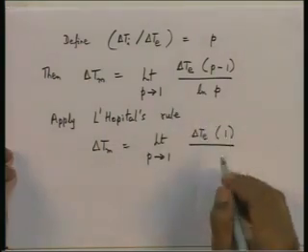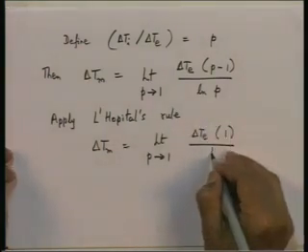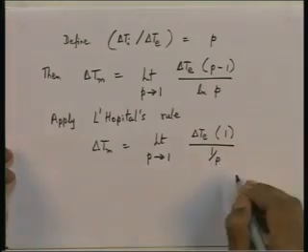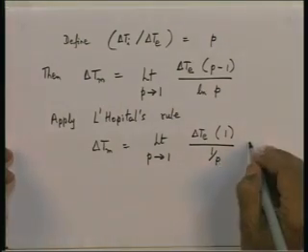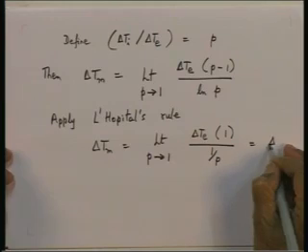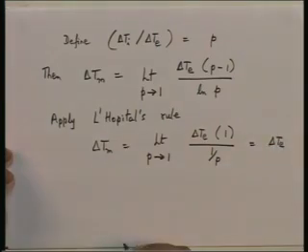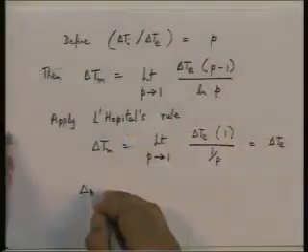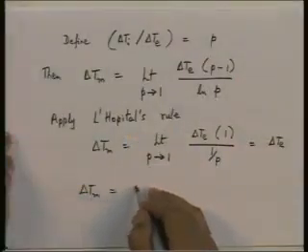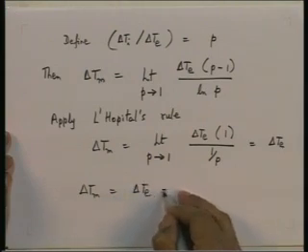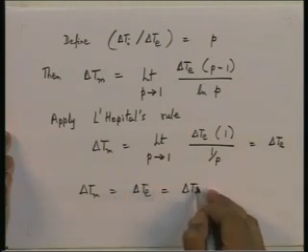The logarithm of P when differentiated with respect to P gives me 1 upon P, and if I now put the limit P equal to 1, I will get delta Te. So, the application of L'Hopital's rule gives me the value of this indeterminate quantity, and what we find is that delta Tm is equal to delta Te, which is nothing but delta Ti.